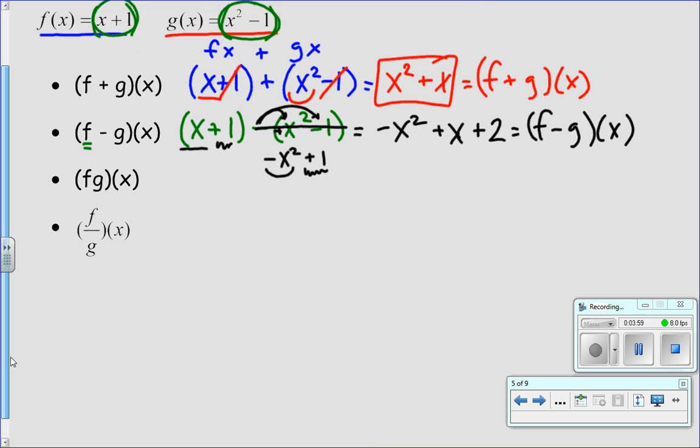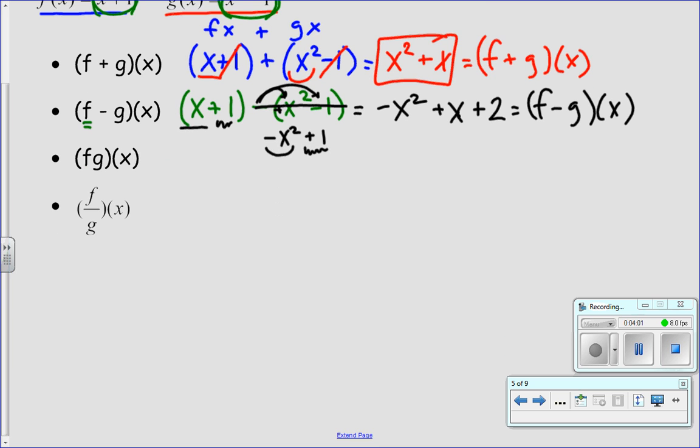Two operations left, multiplication and division. I'll do my multiplication out this way. That's f times g of x. Order does not matter. We have x plus 1, that is my f of x, times g of x, which is x squared minus 1.